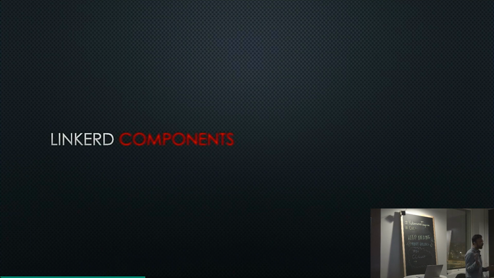Service profile is something I'll get to soon. Anyway, I'll show you when I show you the Linkerd components. You'll see that it's divided into multiple components, and you can also run all of them in a high availability mode, which runs multiple replicas depending on the number of nodes. So of course, if you're in a production cluster, you run in high availability mode to make sure that all of these components are replicated onto your cluster.